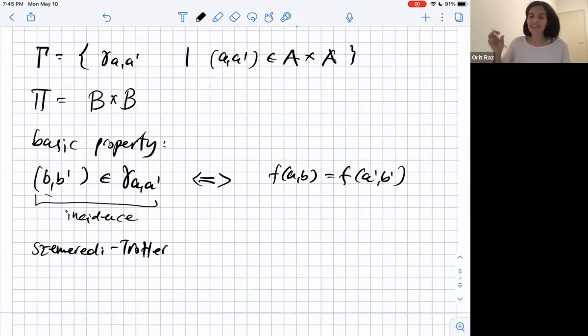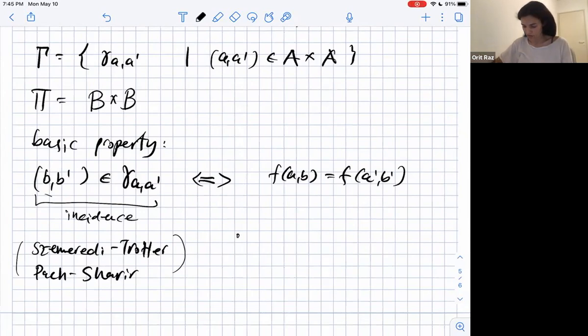So Szemerédi–Trotter is an incidence bound in the plane between points and lines. And some generalizations of it, for example Pach-Sharir, give similar bounds for families that are more general, and they gave us exactly the bound that we needed. But in order to apply these theorems, we needed to know something about the family of curves and the family of points.